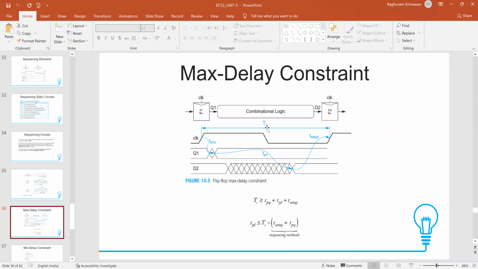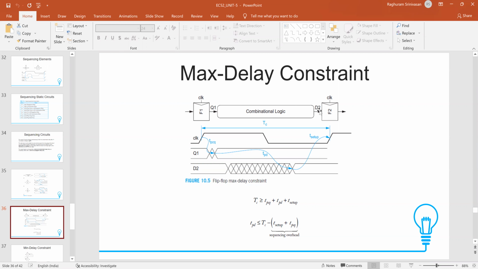That is what we see in this diagram. The clock edge has come, and after the clock edge has come, the output Q1. So we are concerned with D2. Q1 is one signal, which is the output of the flip-flop. Then the output of the flip-flop goes to the combinational block. It forms the input to the combinational block, and the combinational block in turn produces the output D2.